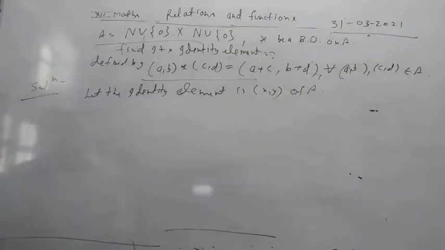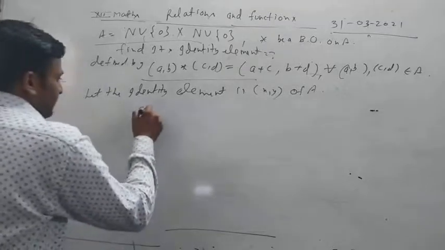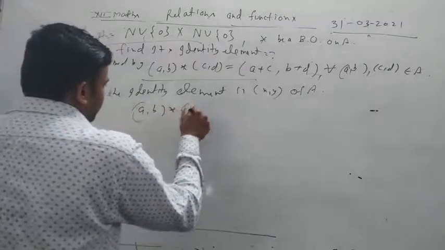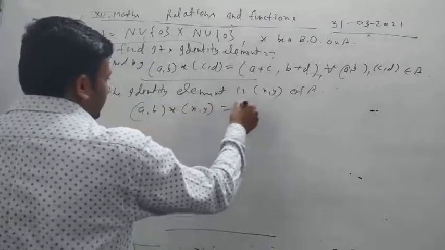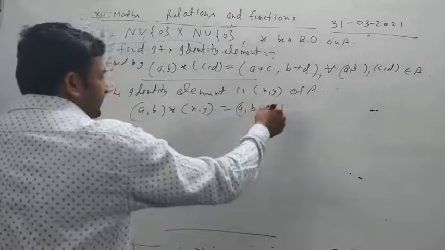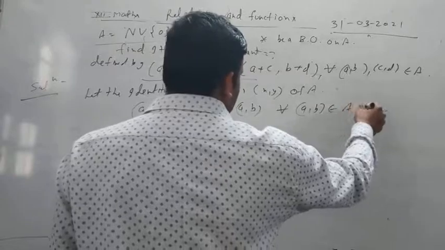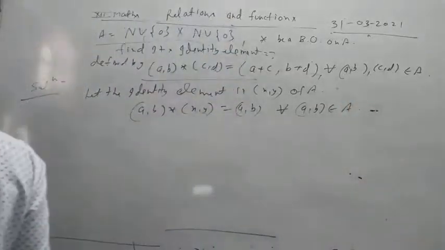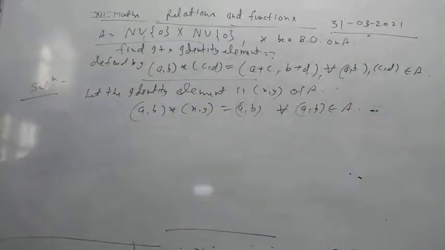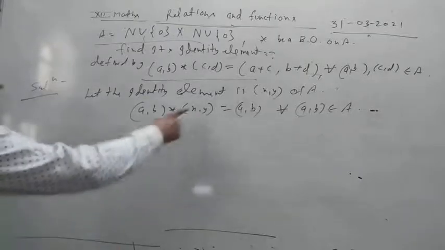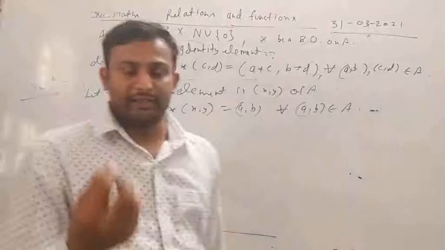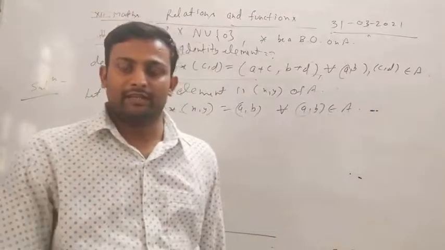Okay students, and you know that (a, b) star (x, y) is equal to (a, b) for all (a, b) belonging to A, because if our identity element is E, then a star E is equal to a.